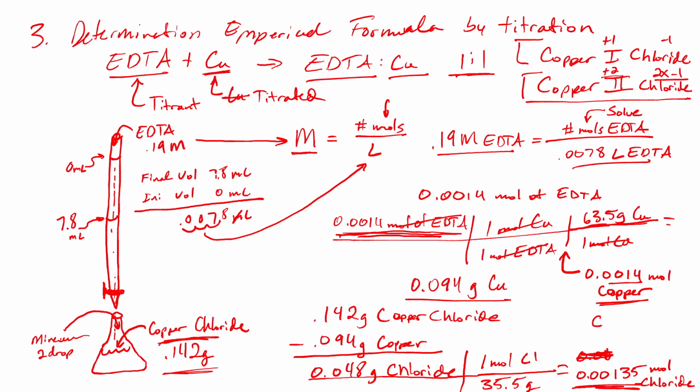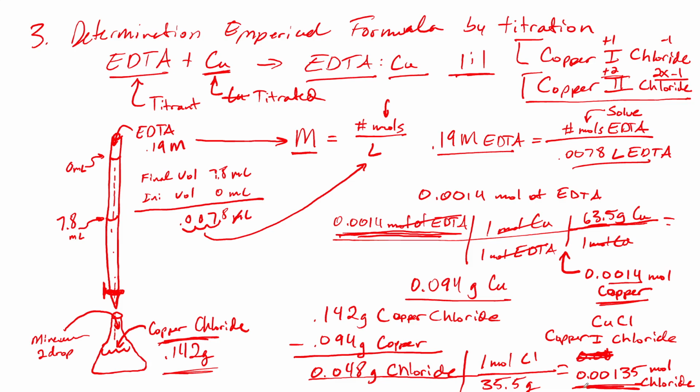So your empirical formula here is CuCl, which is copper 1 chloride. Now you can do this experiment and get completely different numbers and you might get copper 2 chloride, but with these numbers, you get copper 1 chloride.